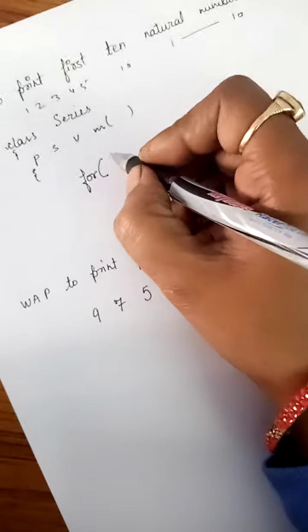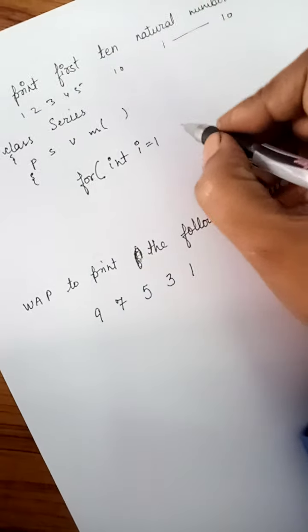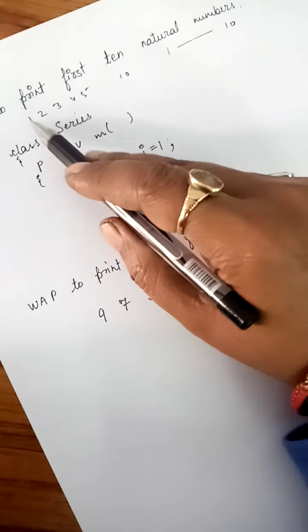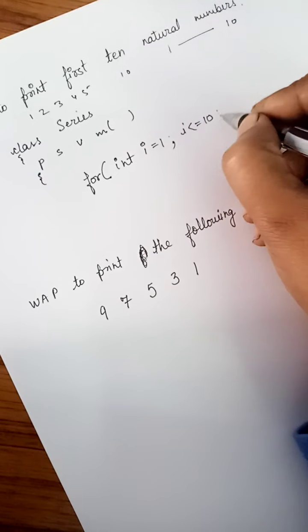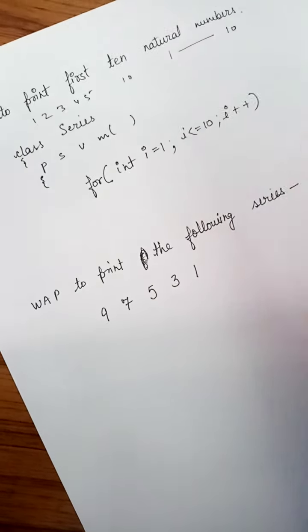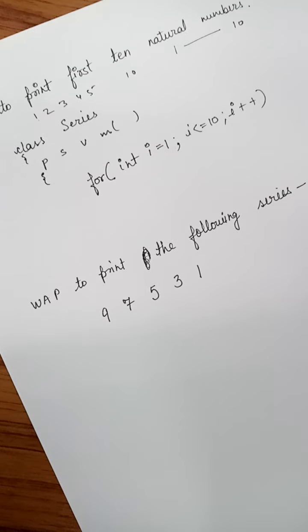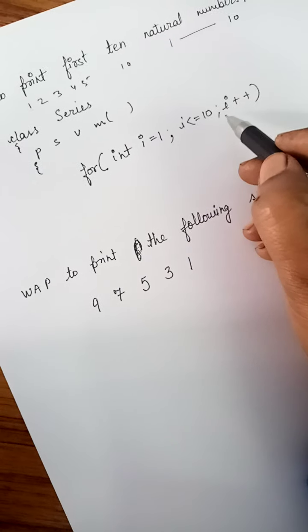So the loop variable int I, I am starting this with 1, from 1 to 10. So I less than or equal to 10, I plus plus, as we have to print 1 then 2 then 3, so there is an increment by 1. So the update expression will be I plus plus.